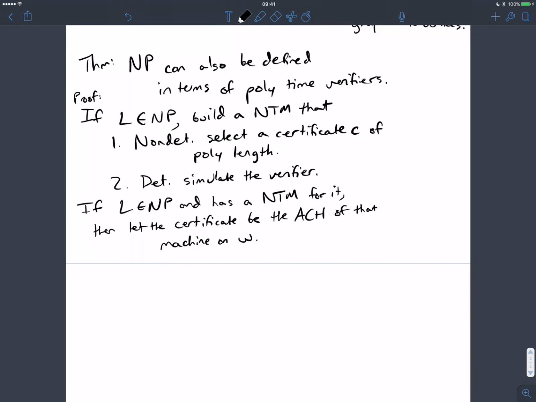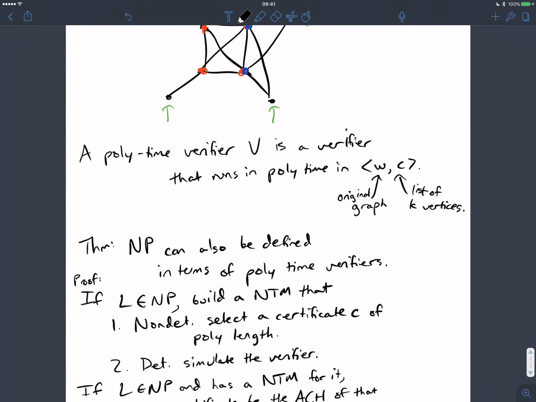A certificate is just a string, and the verifier is just a machine that on input W and C will accept exactly when the original string W was in the language. So it's kind of like a proof that W is in the language. No, it's just a string, but the algorithm takes that particular string and does something with it.